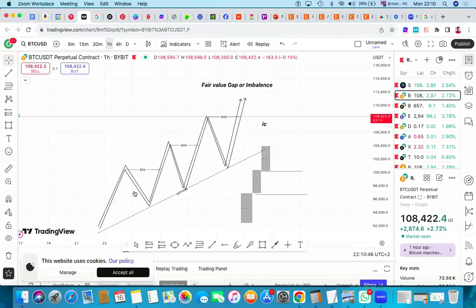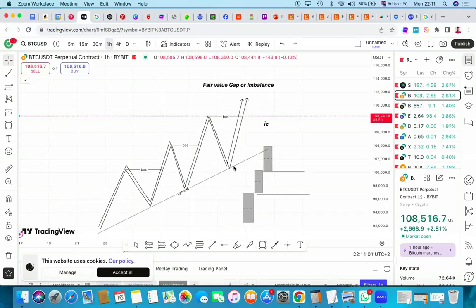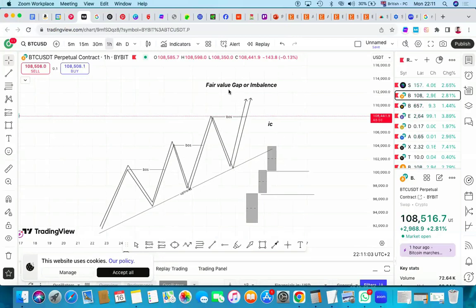All right, no problem. Let me just recap what we've said. What we have here is a fair value gap, or imbalance, in the market. For you to have a complete analysis, you want to draw your market structure.